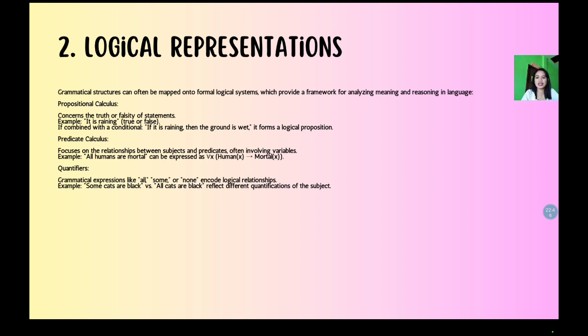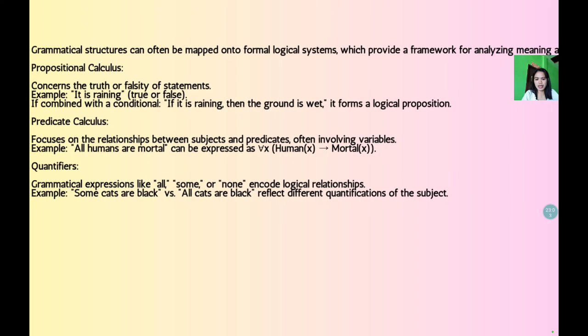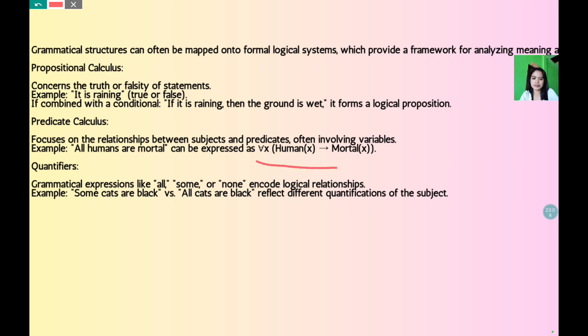Next is the predicate calculus. Predicate calculus focuses on the relationship between subject and predicates, often involving variables. So, example, all humans are mortal can be expressed like this. So that is a predicate calculus.